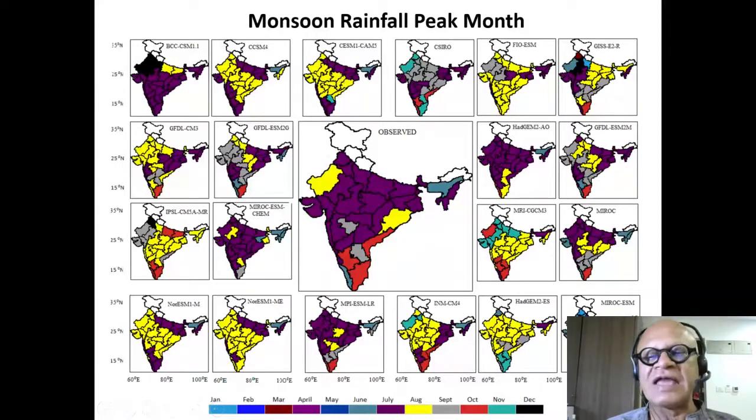This is just a reality we have to deal with, right? These are all the famous models being used in the business, like Geophysical Fluid Dynamics Lab of NOAA in Princeton, HADGEM2 in the UK, CSIRO, the Australian model, CESM, the US model, and so on and so forth.